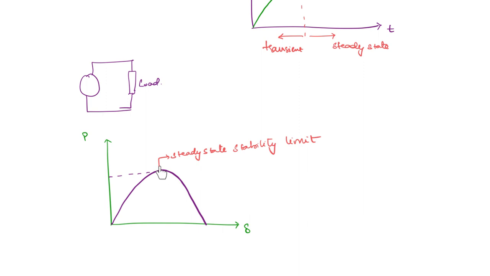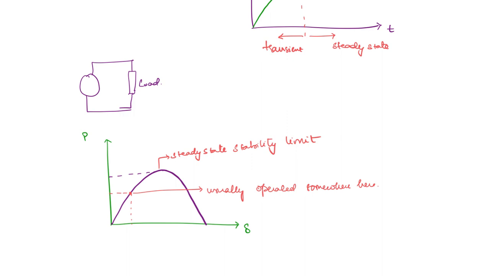The reason is that whenever there is a transient, it will immediately go out of synchronism. That means it will fall out of sync with the grid. So you will usually operate somewhere here.